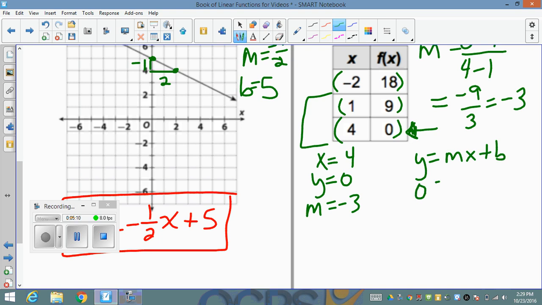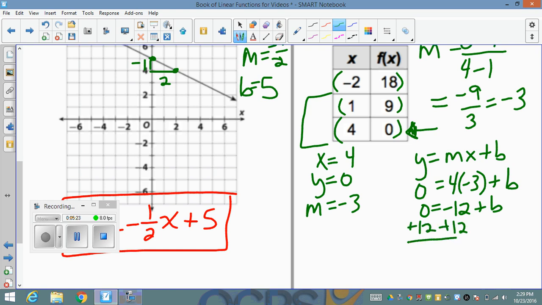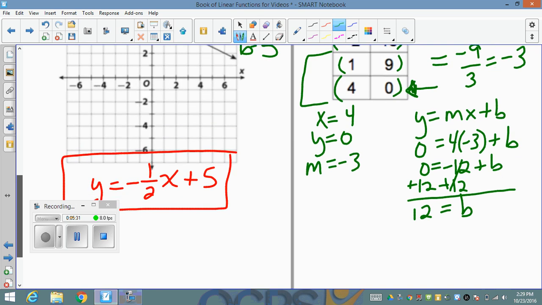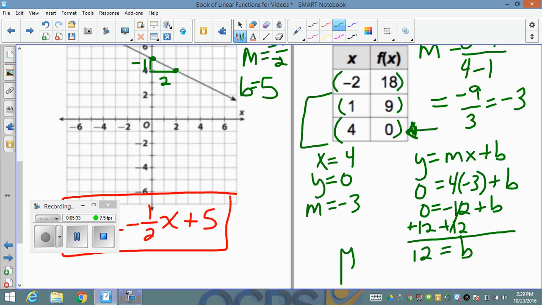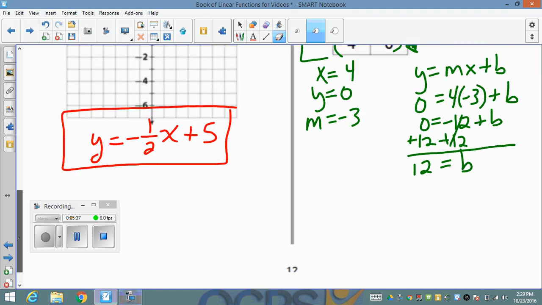So I get 0 equals 4 times -3 plus b. So 0 equals -12 plus b. Adding 12 to both sides, I get b equals 12. Now that I have both my m and my b, I can write my equation.